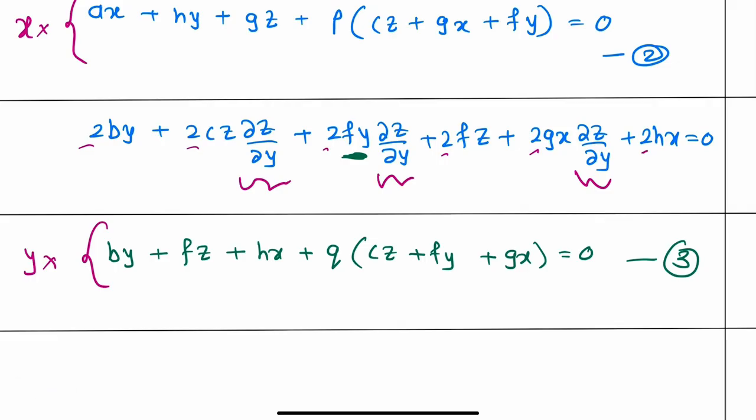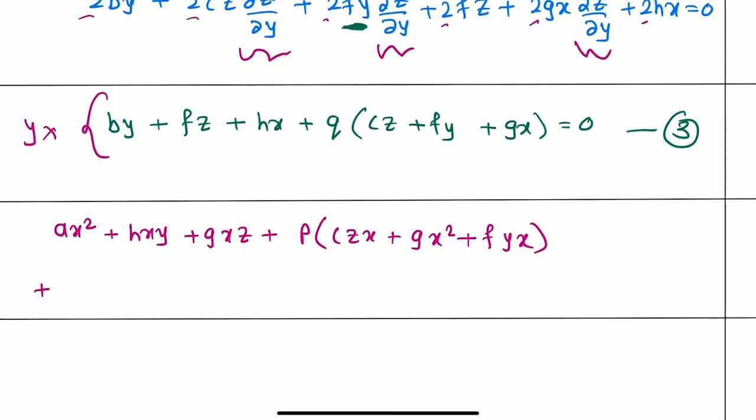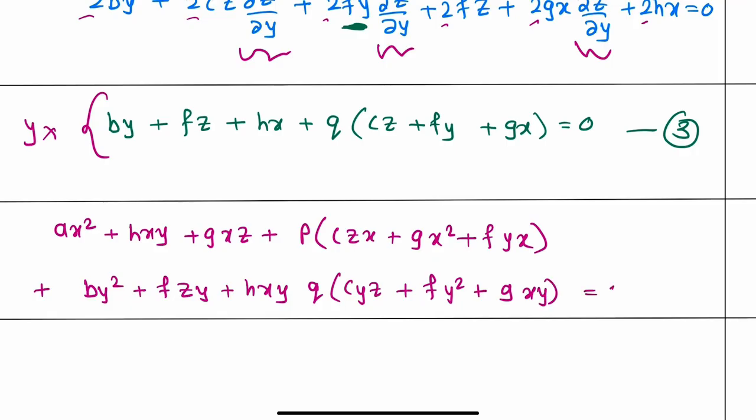We get ax square plus hxy plus gxz plus p into czx plus gx square plus fyx, plus by square plus fzy plus hxy plus q into cyz plus fy square plus gxy, and this is equal to 0.